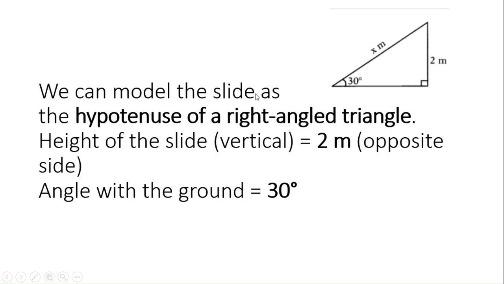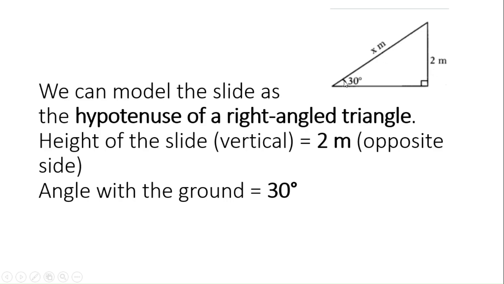Definitely, we can model the slide as the hypotenuse of a right angle triangle, right? The angle that the slide makes with the ground is 30 degrees, and the height of the slide from the ground is 2 meters.